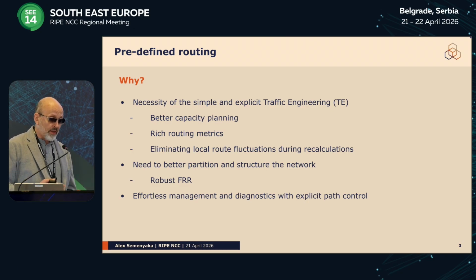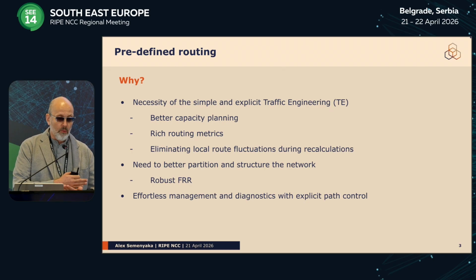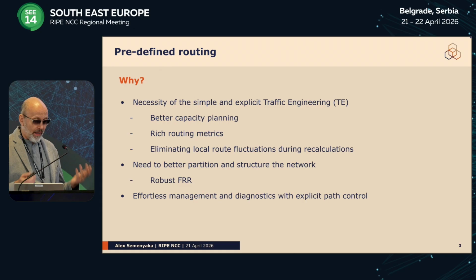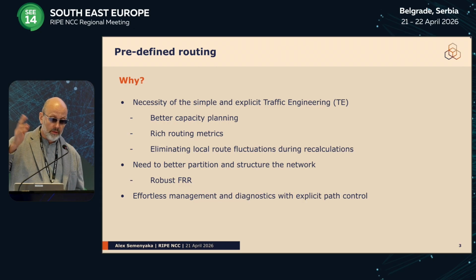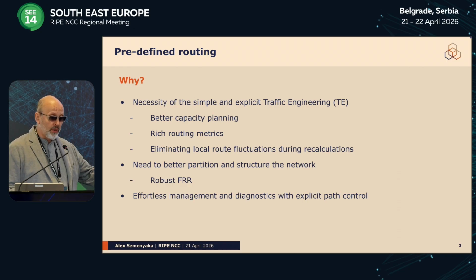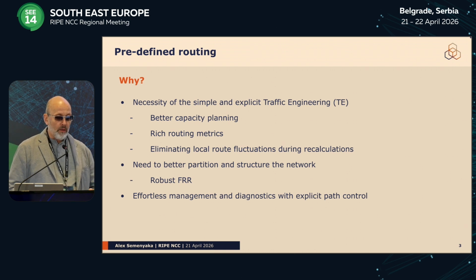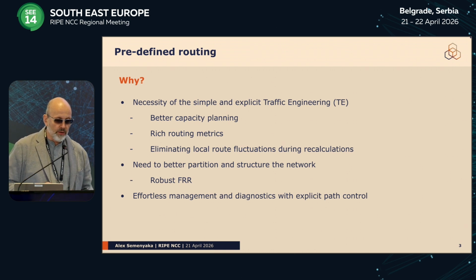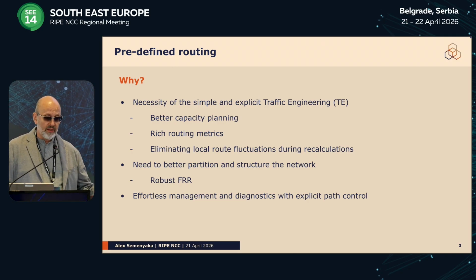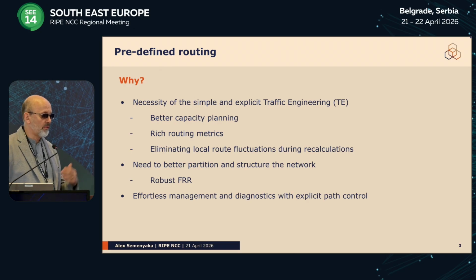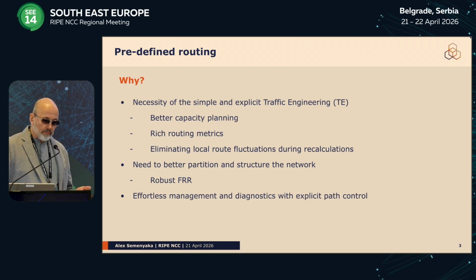With explicit traffic engineering, we can make much more cumbersome routing decisions. And we can get rid of these small fluctuations which we have when we have recalculation of routes, when we have desynchronization of our nodes for short periods of time, but still we see this jitter in our network. We see maybe subtle but still losses in our network.